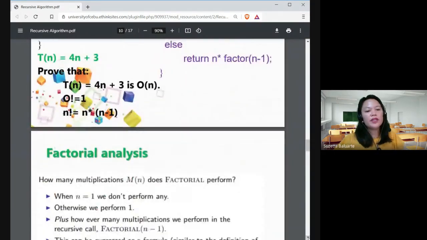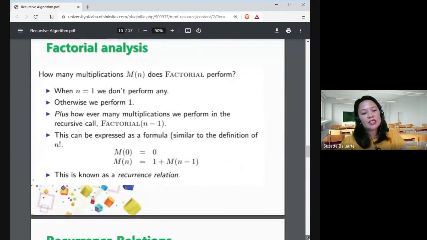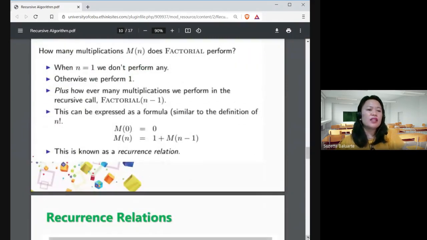So how are we going to do the analysis on that? How many multiplications, M of n or T of n, does factorial perform? Since we are using multiplication, we have it in the analysis. When n is equal to 1, or when n is equal to 0, we don't perform any.